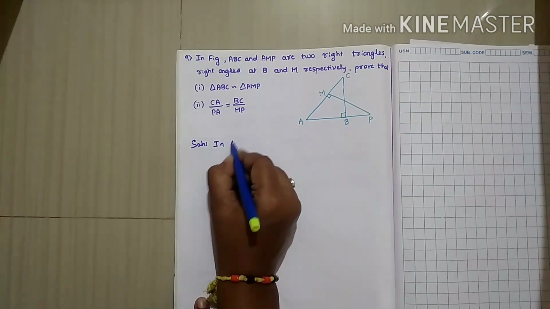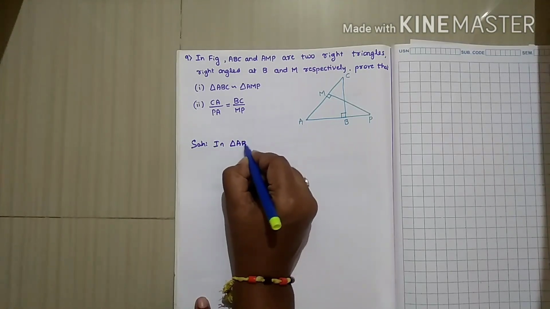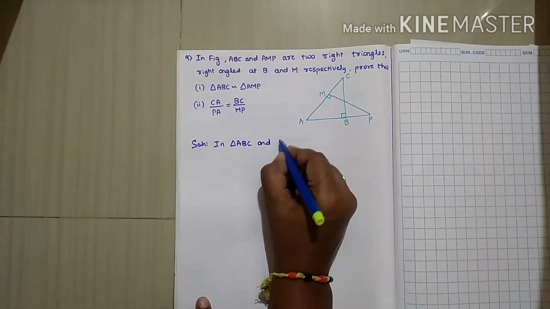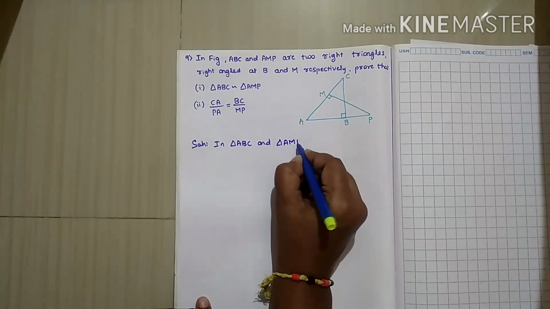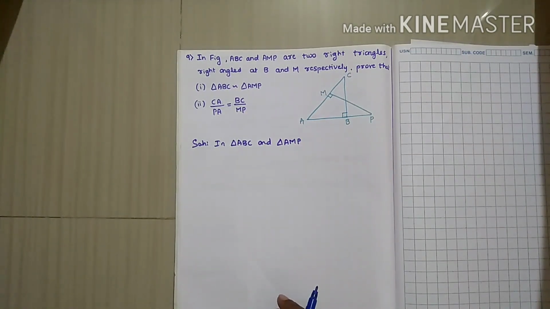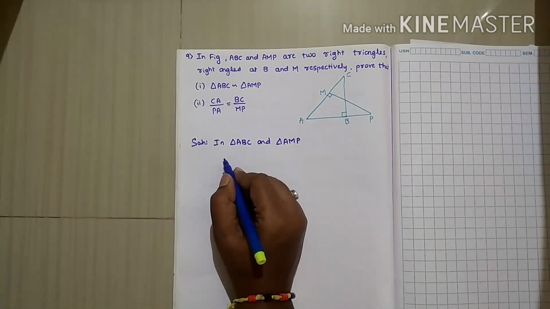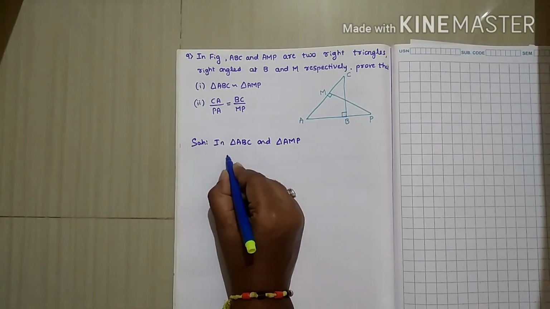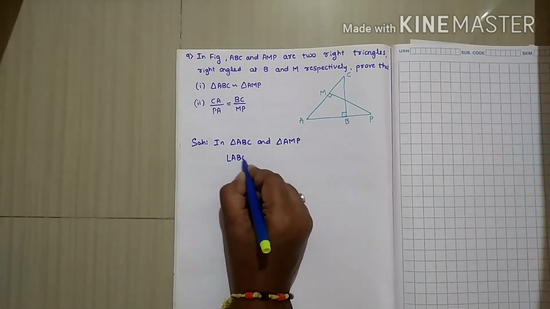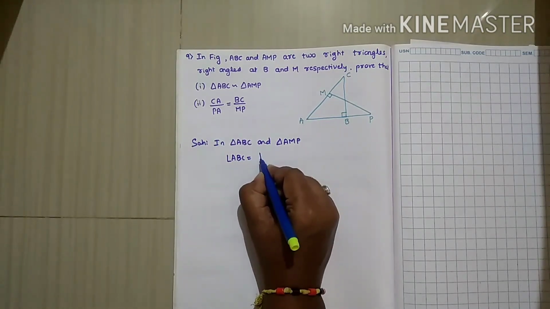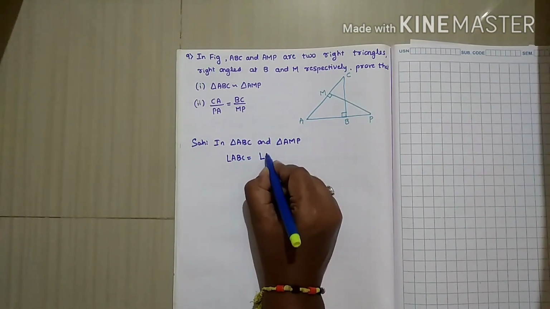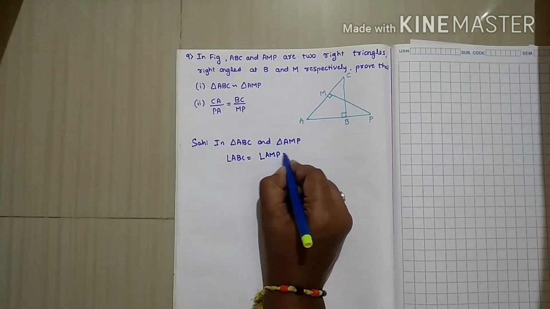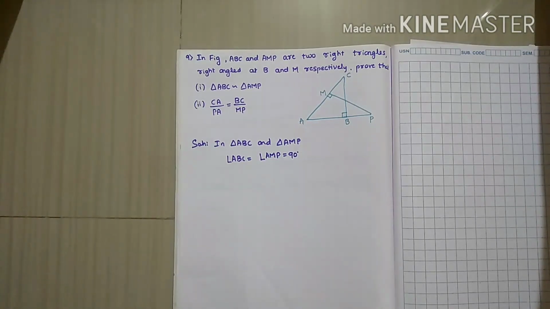In triangle ABC and triangle AMP, observe the diagrams. In both the triangles there is 90 degrees. You can equate those two angles. So in triangle ABC at point B there is 90 degrees, so I can write angle ABC is equal to angle AMP, in triangle AMP at point M 90 degrees. Both angles are equal to 90 degrees. One angle is equal, we got it. And one more thing you observe here.